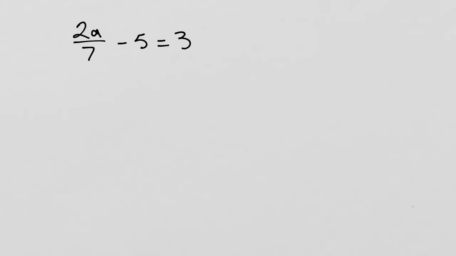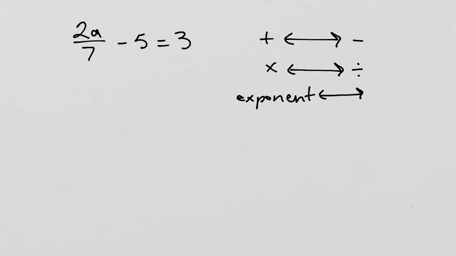We know that the opposite operation of addition is subtraction. The opposite operation of multiplication is division. And the opposite operation of exponent is roots. We also know that in order to know which operation to perform first, we will use the reversal of the order of operation.